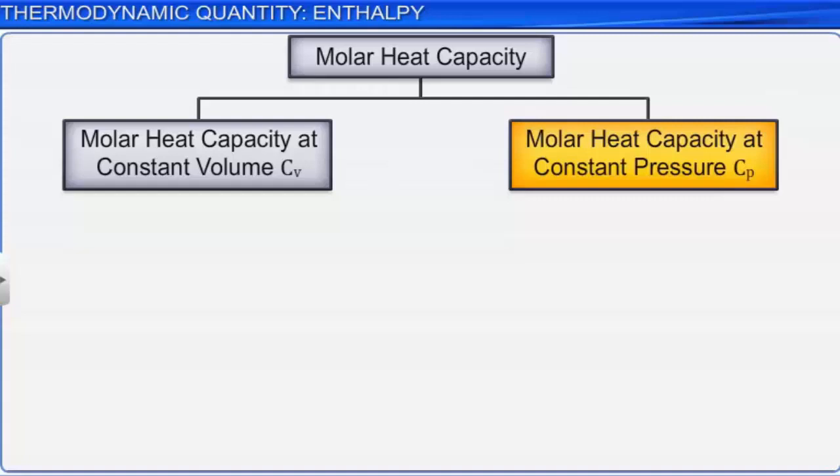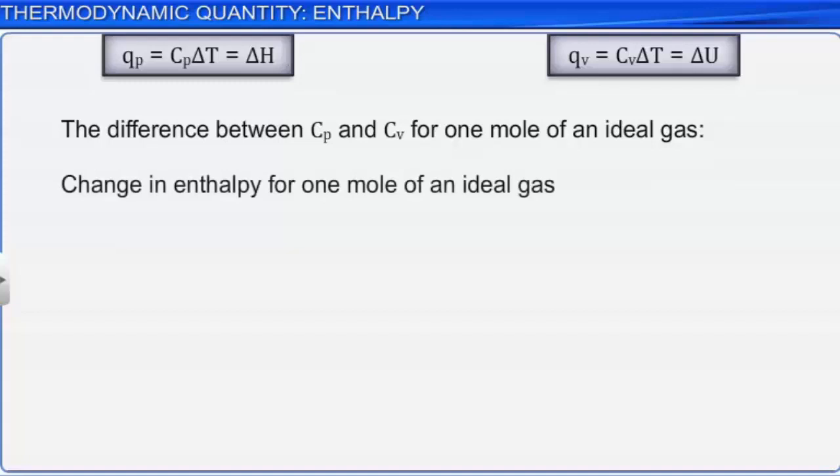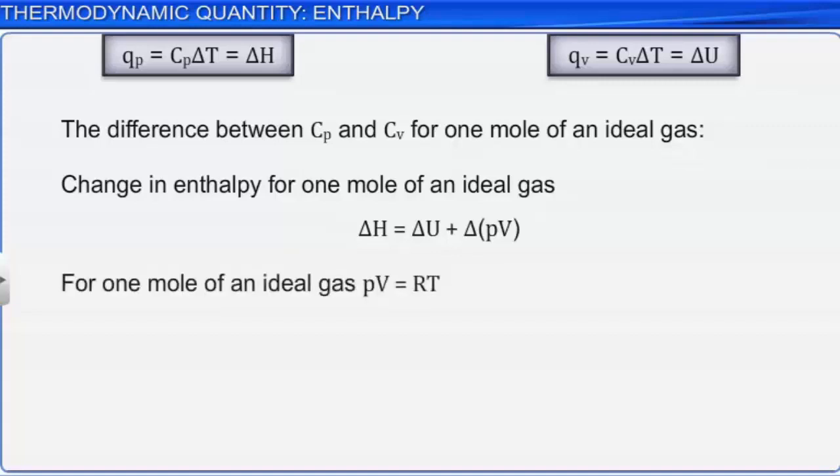The difference between Cp and Cv for 1 mole of an ideal gas can be derived as follows. The change in enthalpy for 1 mole of an ideal gas can be written as delta H equals delta U plus delta PV. For 1 mole of an ideal gas, PV is equal to RT. Hence, the equation can be written as delta H equals delta U plus delta RT.